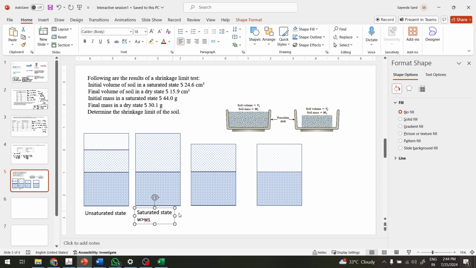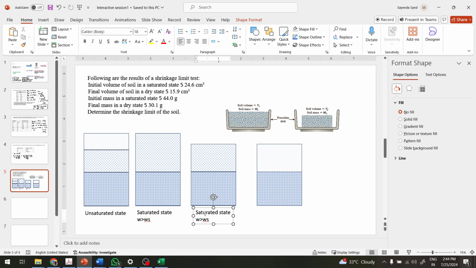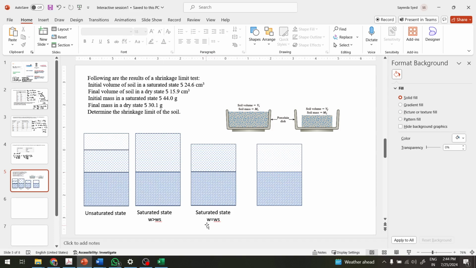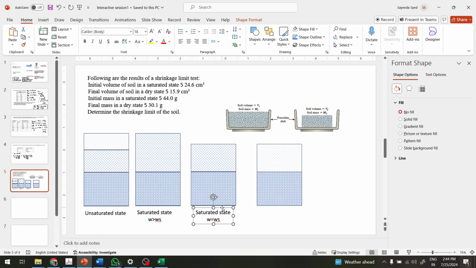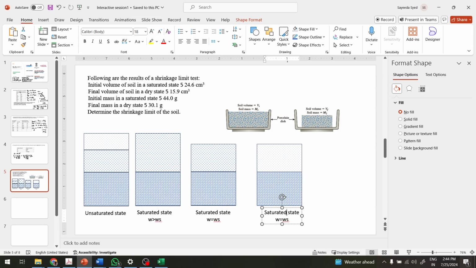Here, if we say that this is the minimum water content that the soil mass requires to attain the saturated state, then when we dry this, this is the dry state.